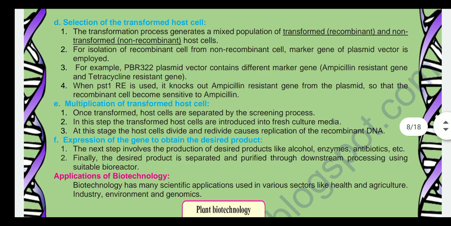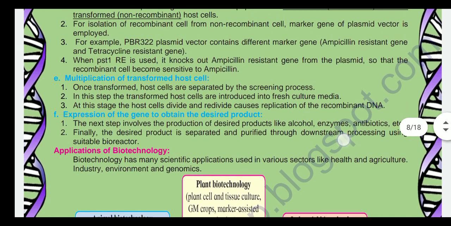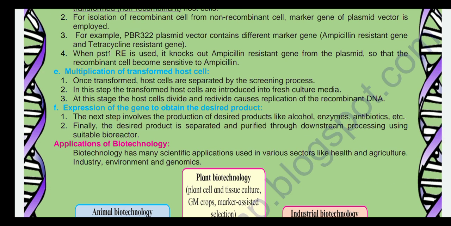Selection of the transformed host cell. The transformation process generates a mixed population of transformed, that is recombinant, and non-transformed, non-recombinant host cells. For isolation of recombinant cells from non-recombinant cells, the marker gene of the plasmid vector is employed, where we can check whether the desired gene is inserted or accepted by the plant cell or not.